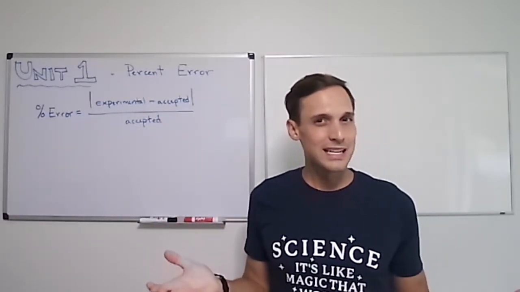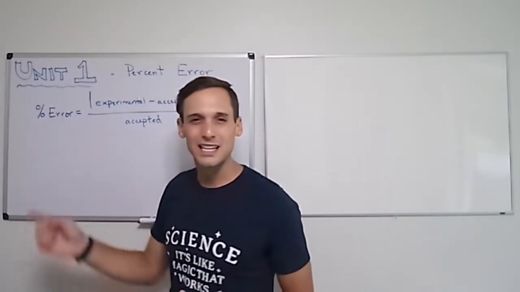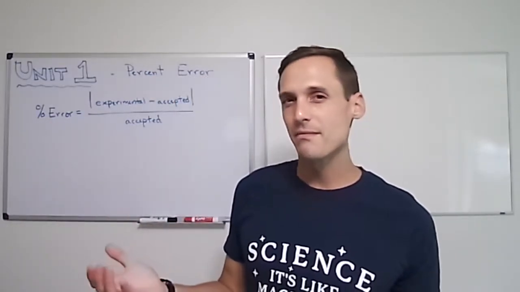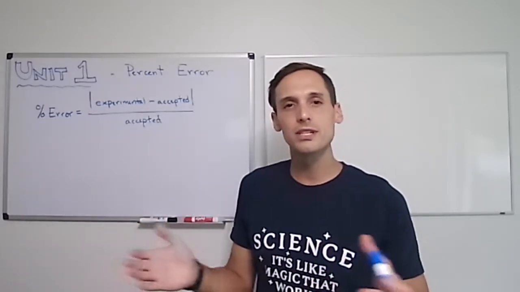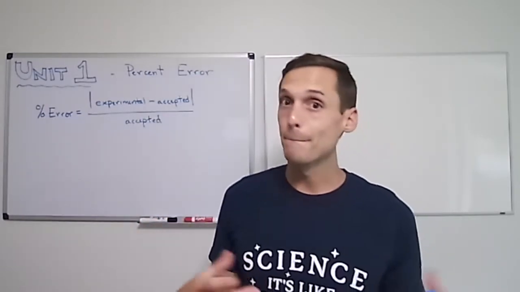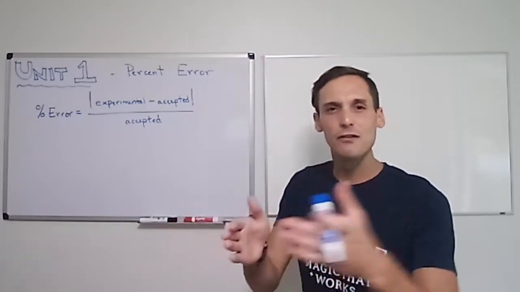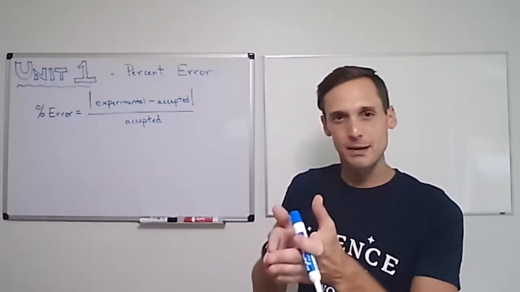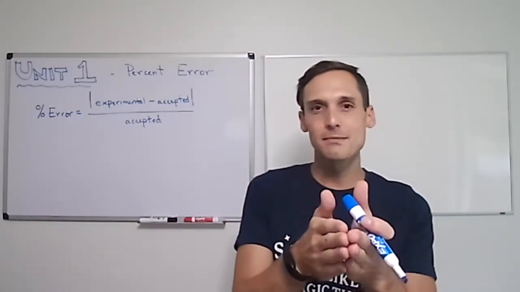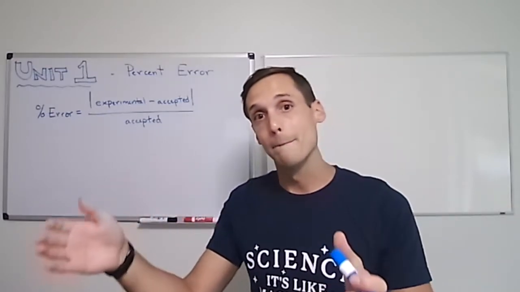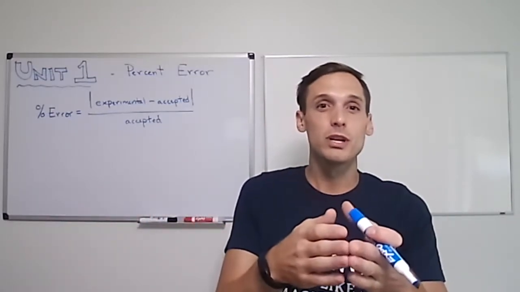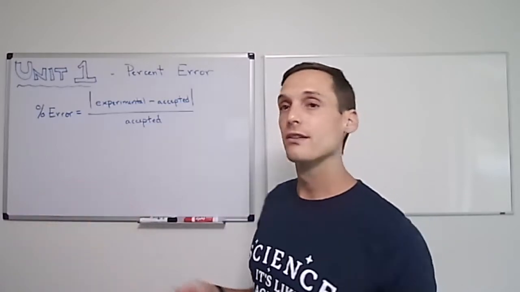We don't want negative numbers because we don't want a negative percent error. That's kind of meaningless. So we're always going to make our percentages positive, because it's just how far away from that accepted value your measurement is. It doesn't matter if it's below or above that accepted value. We just want to know how far away it is.